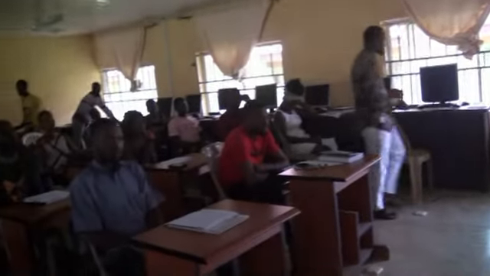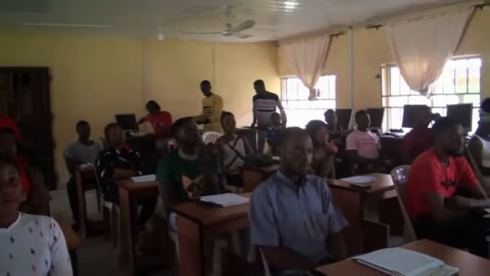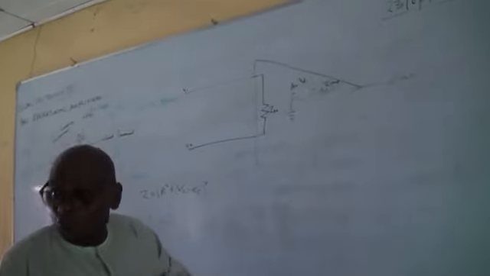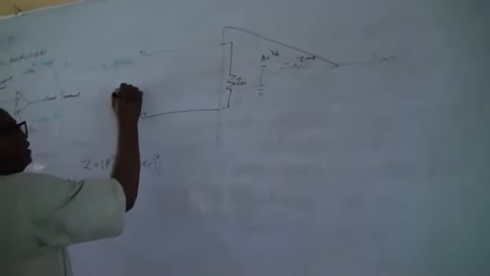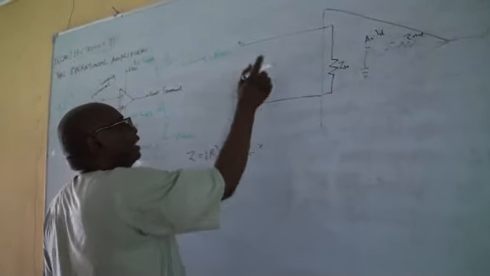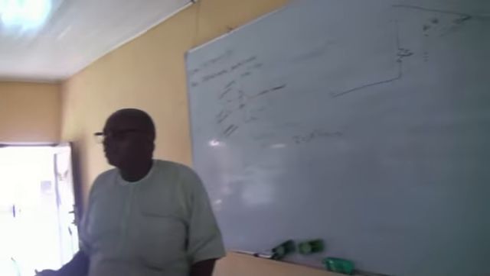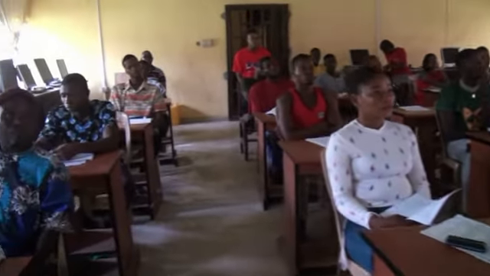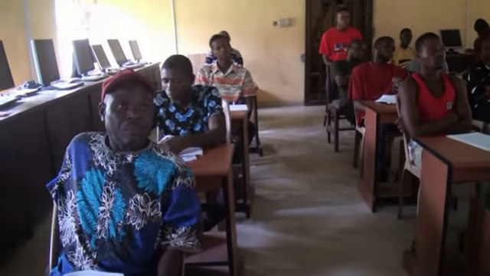What is the gain? AV here is the open loop gain, while VD is the differential voltage. What do I mean by differential voltage? You can say VD equals V1 minus V2. Is it not the difference? V1 and V2 is the difference in this case. And for that reason, if I use this formula, it will give me the output of this very op-amp.